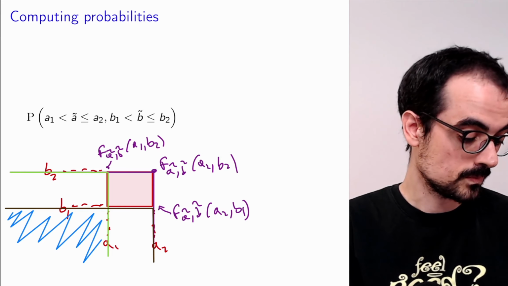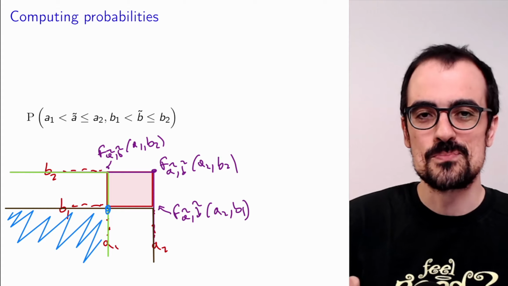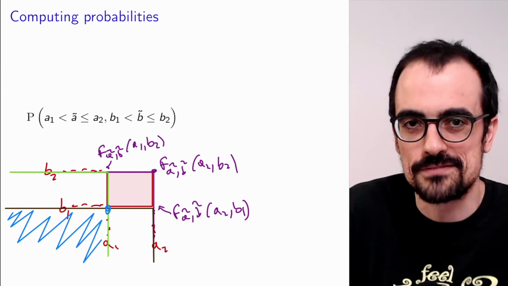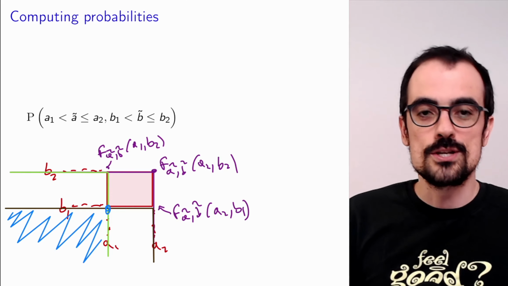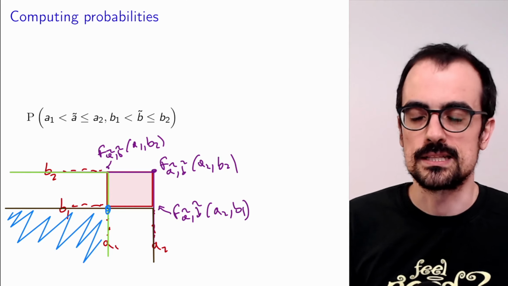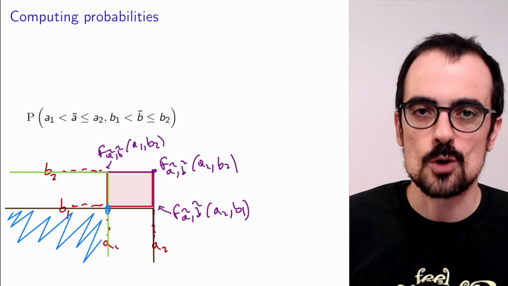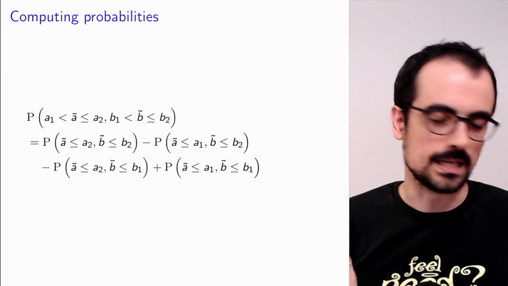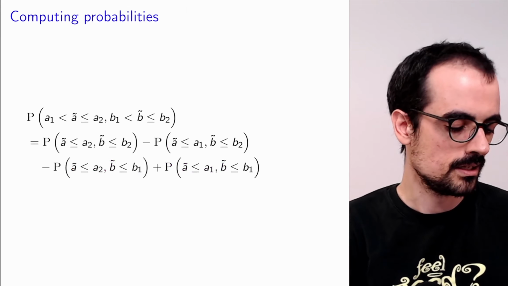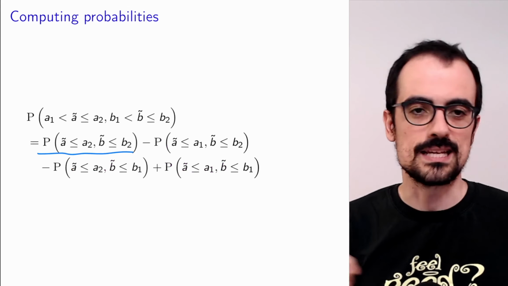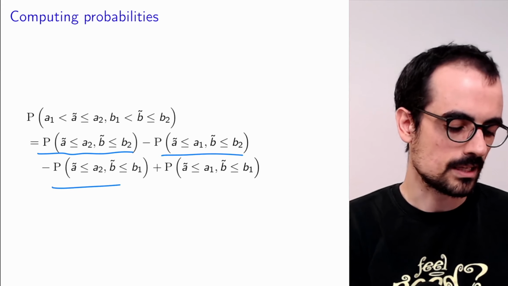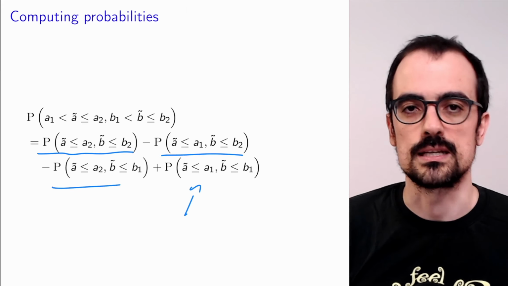As you can see, computing the probability that the 2 random variables are within a rectangle is relatively complicated when you apply the joint CDF, definitely much more complicated than in 1D. You can imagine how complicated it gets when you have D random variables. You can still do it, but it's annoying, right? So here you see, this is the probability that you're smaller than A2 and B2, and we subtract these two probabilities, and then we have to add that back for the reason that I told you.